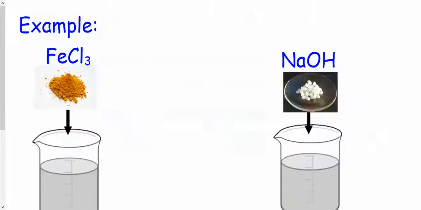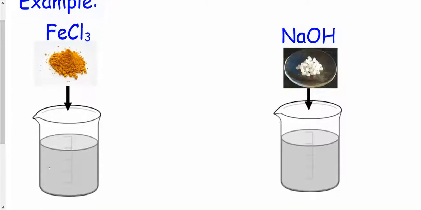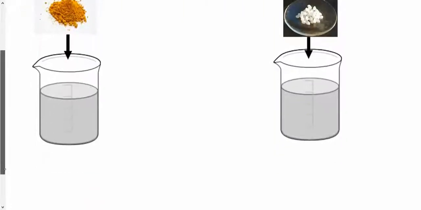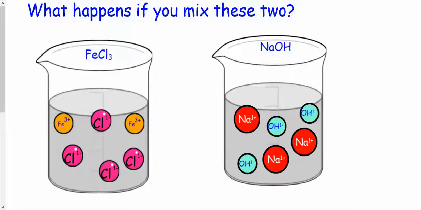What's actually happening, for example, if we took iron 3 chloride and dissolved it in water, it would separate into its ions. Sodium hydroxide dissolved in water, it would separate into its ions, and you would have something similar to this. Iron 3 ions and chloride ions, sodium and hydroxide ions. But what happens if you pour these two together? Will anything happen? Well, what would be the possible products of this?